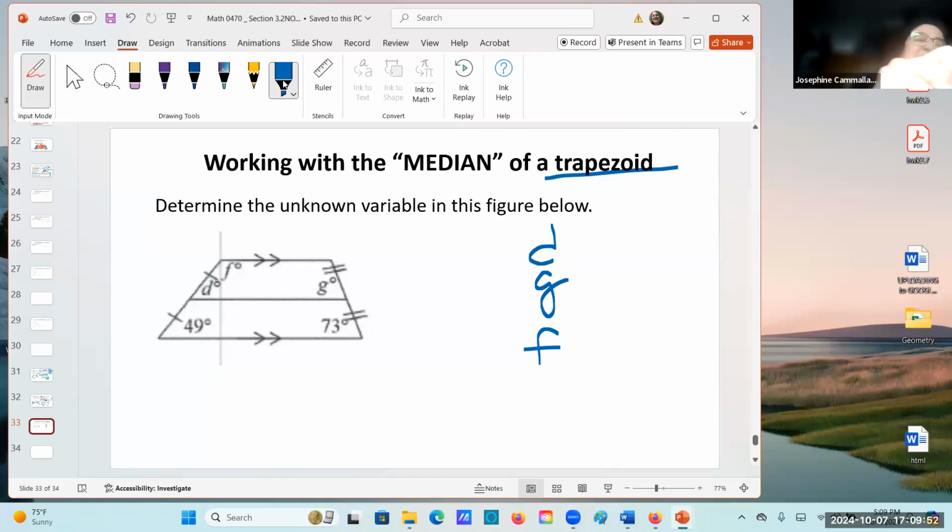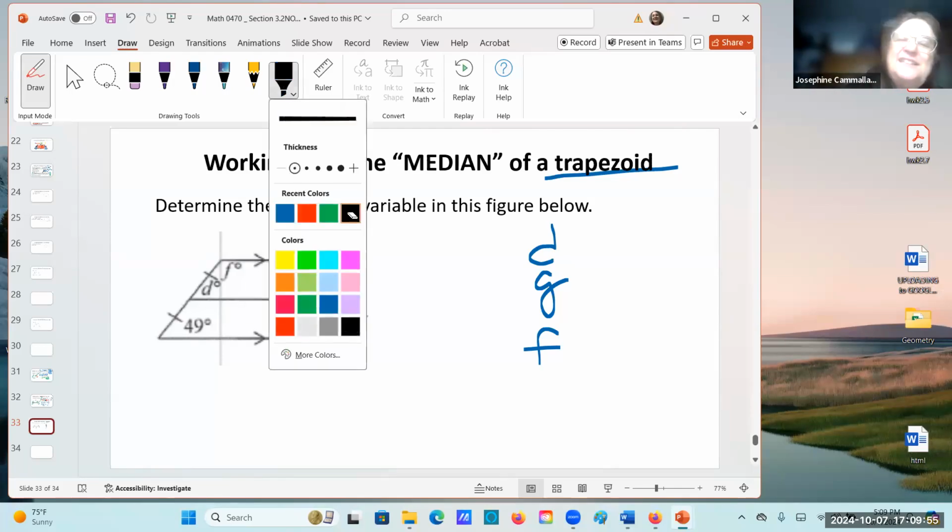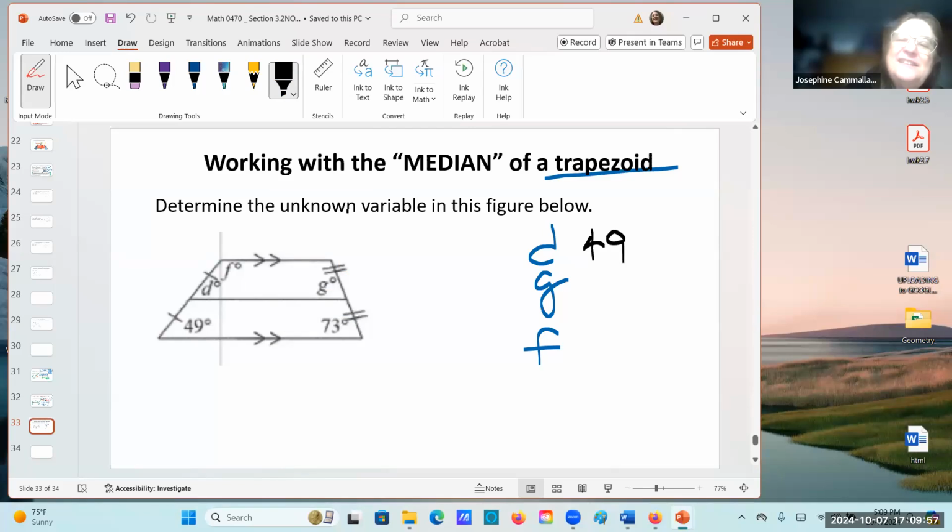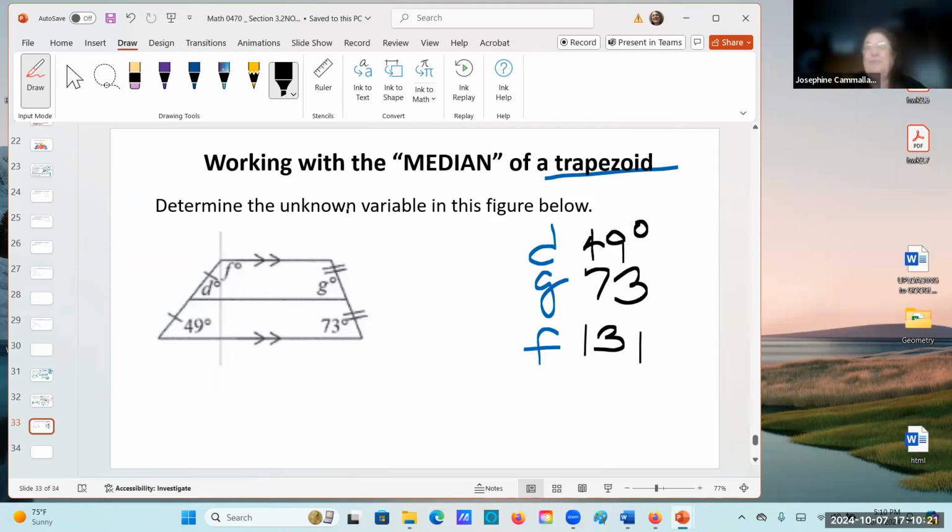You are correct. Okay, Hafsa, F is not 51, but F is 131. And G, very good, Bridget, it's 73. This angle and this angle have to add to 180.